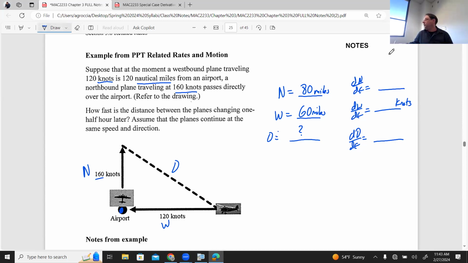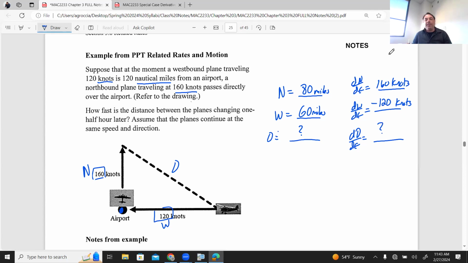The westbound is 120, but because the westbound is going towards the airport, that's negative 120. And I don't know the speed change for D.